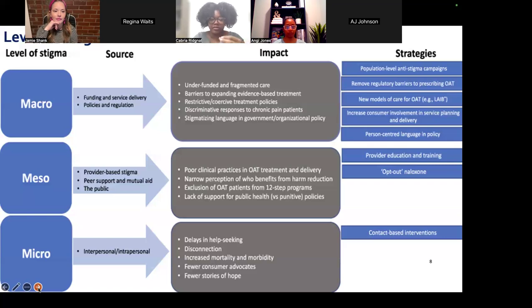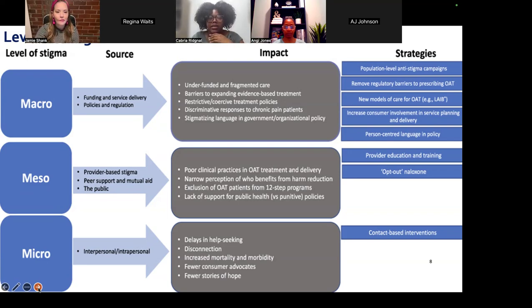These are the levels of stigma. Now, this diagram closely is related to substance use treatment, but also is closely related to all of the things, right? So especially HIV stigma. This goes from a macro to a micro level.